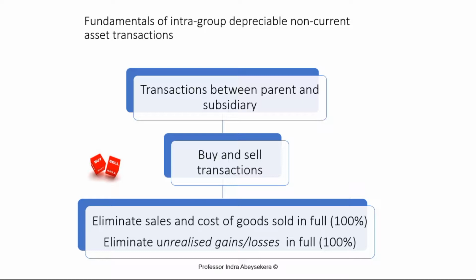We eliminate in full because the parent controls the subsidiary, and when it comes to control, there's no proportion that's applied. Either the parent controls, which is the case in consolidation, or there's no control, that means there's no consolidation. So we eliminate unrealized gains and overvaluation in full.